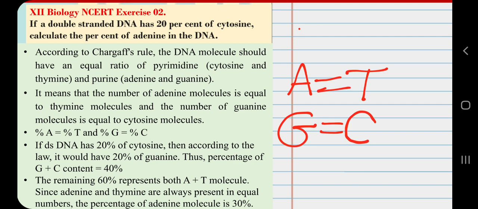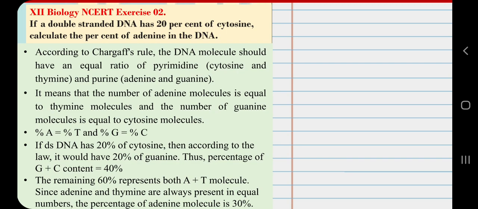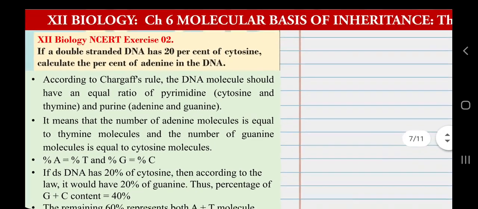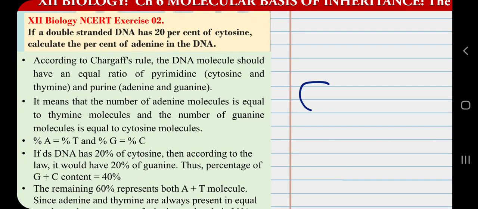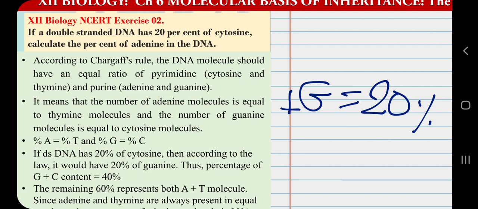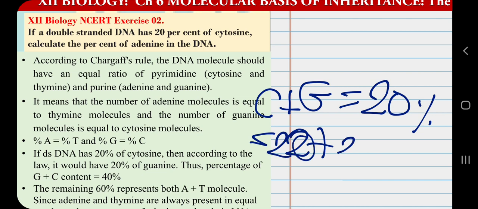There is 20% C. By this simple idea, if there is 20% C, there will be 20% G also, because G is equal to C, which was Chargaff's rule. So G plus C will be 20 plus 20, which is equal to 40%.